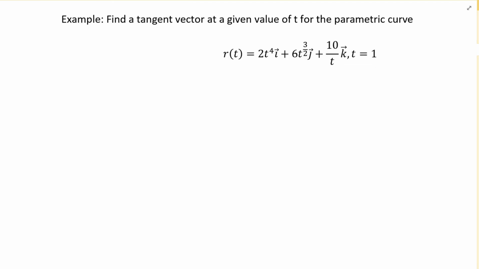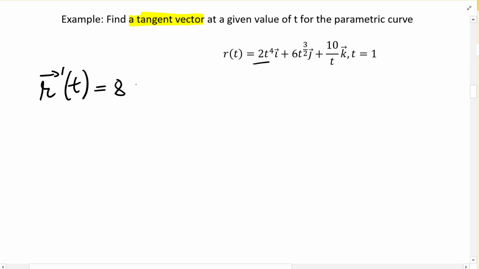Let's do this problem. Find the tangent vector at a given value of t for the parametric curve. Well, the tangent vector is r prime of t. So then we are going to calculate the derivative of each of them.